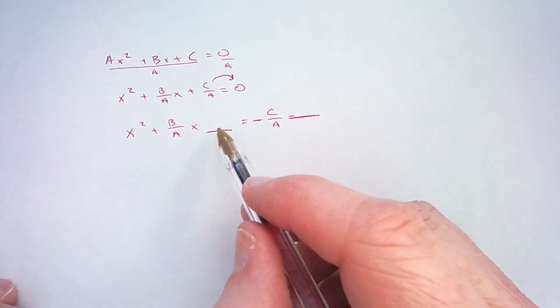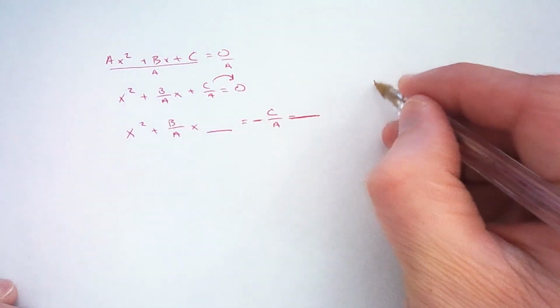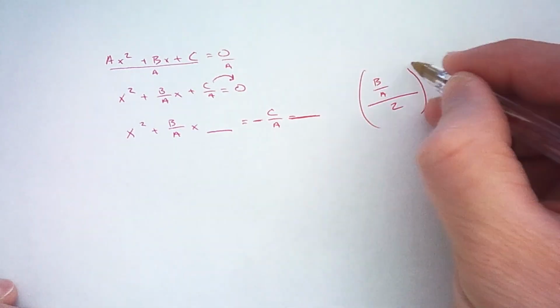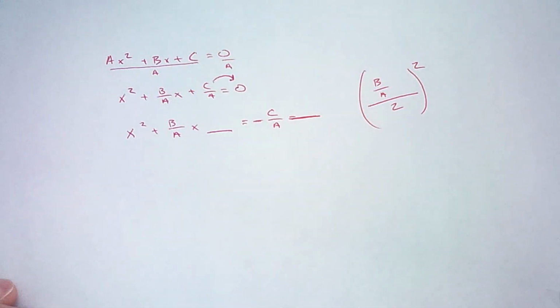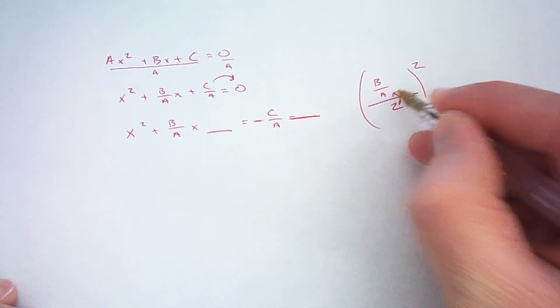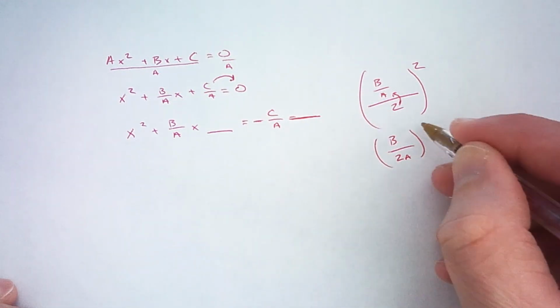So in order to find c, what we do is take that b term, which is b over a, and divide it by 2 and square it. Okay, now when you divide a fraction by 2, what you're really doing is doubling the denominator. So it's b over 2a squared.